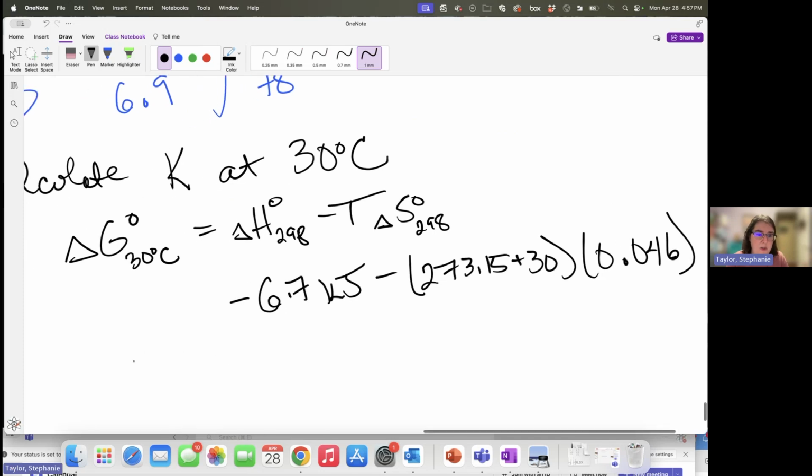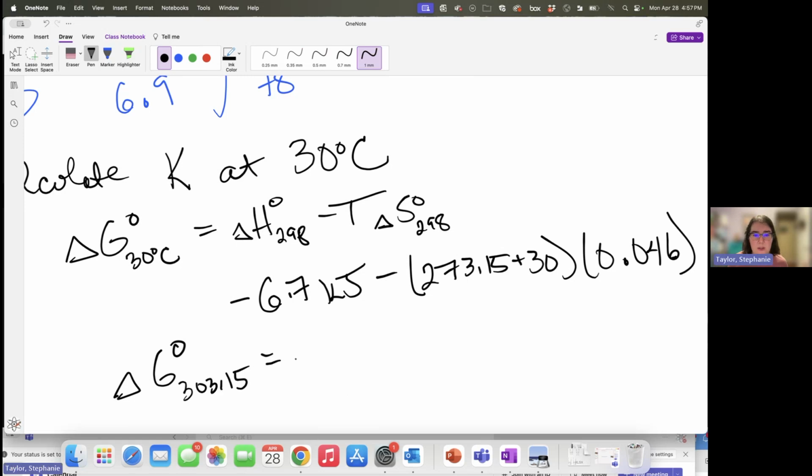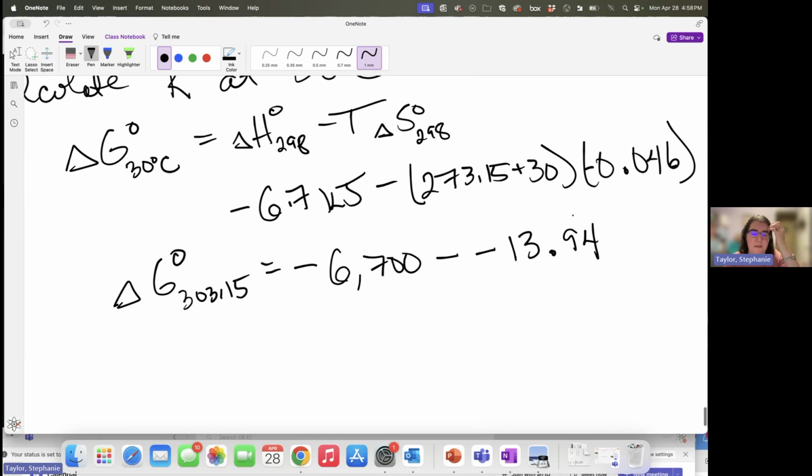Now I do want to solve for my value of delta G standard, but I'm at a different temperature, 273.15 plus 30, so this is actually 303.15. So negative 6,700 minus 303 times 0.046 times negative... Sorry, I did it both ways.